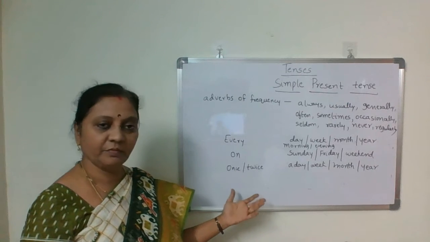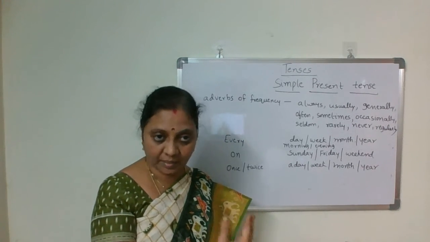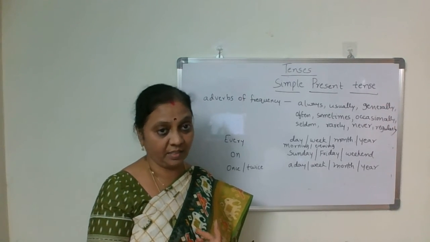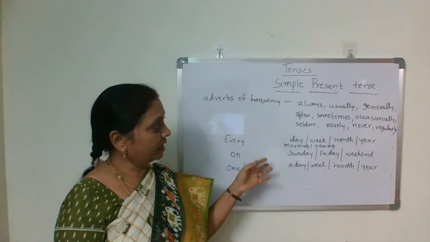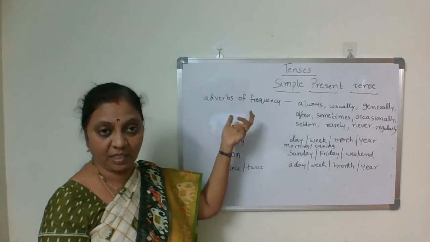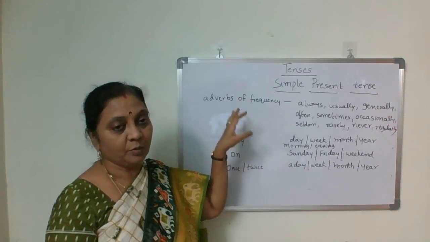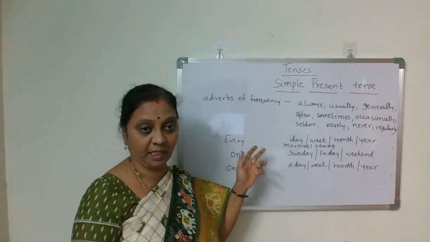Okay, then what is the first use of it? It talks about repeated actions or regular actions. It may be a habit or a daily routine or any daily event also. It comes under that, and mainly we use these words. These are the key words which we use in simple present tense to express the frequency of action that takes place.